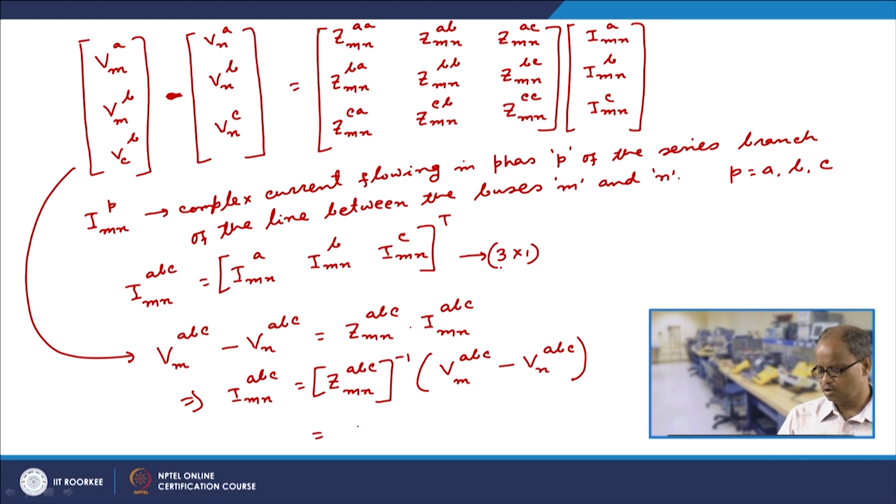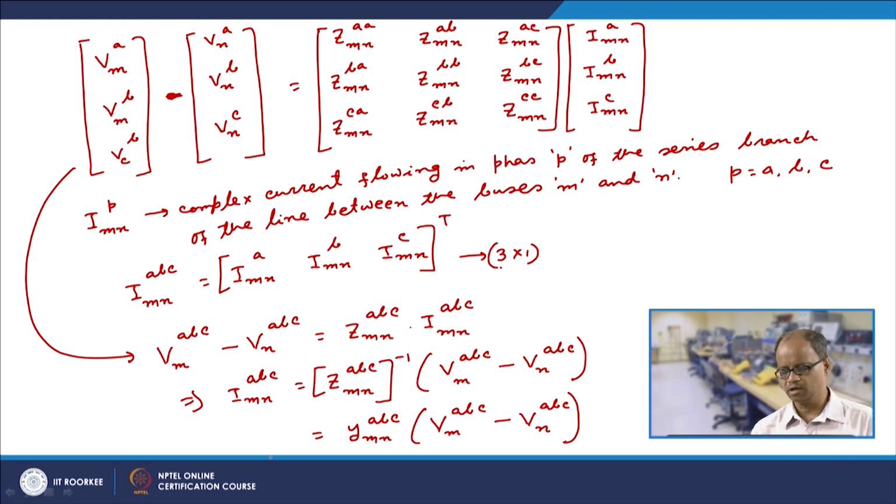So, we call it, let us say, Ymn ABC into Vm ABC minus Vn ABC. So, that is the expression of the current Imn ABC.